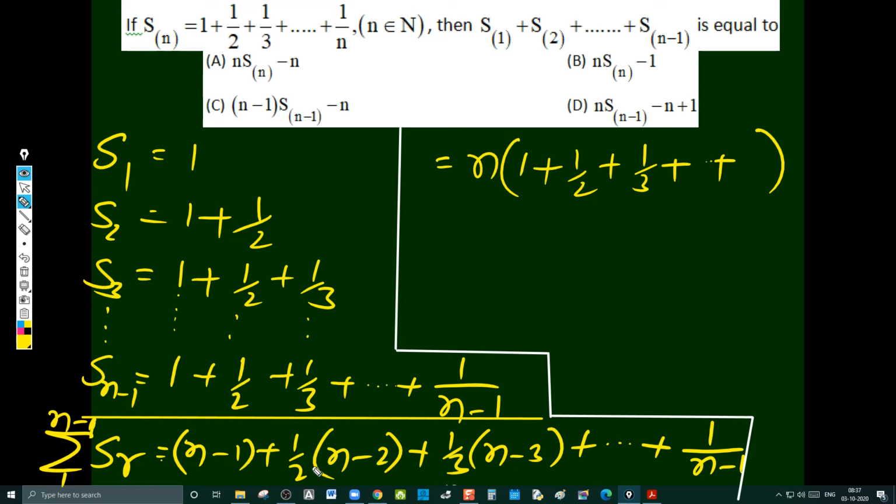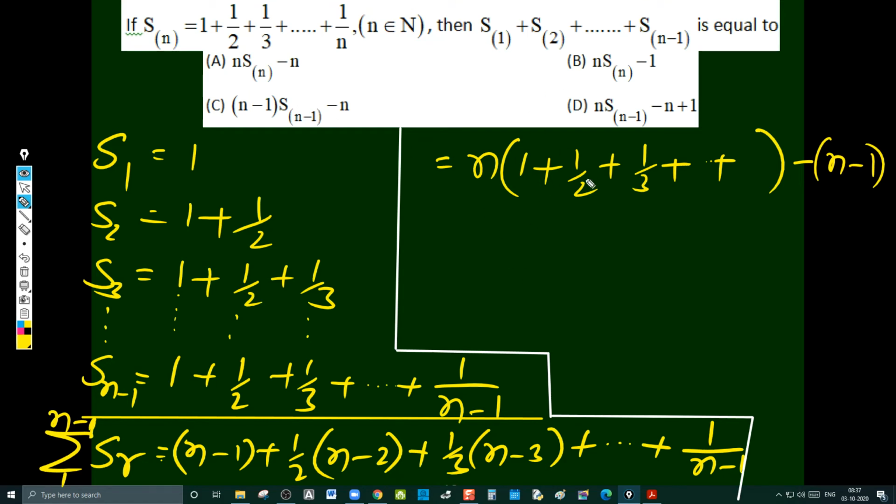If you multiply 1 by 2 into 2, you get 1. 1 by 3 into 3 will get 1. So you will get n minus 1 ones added. Okay, so you can check it out with A and D like that.